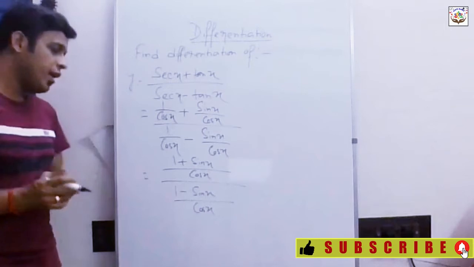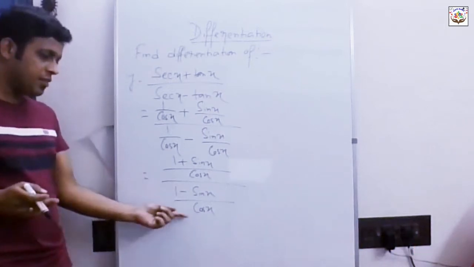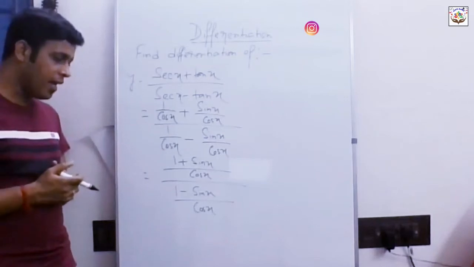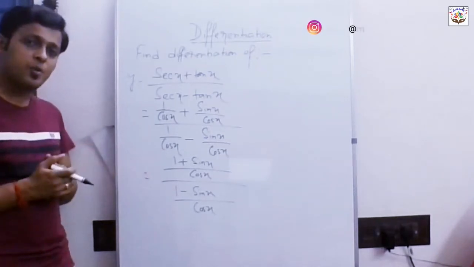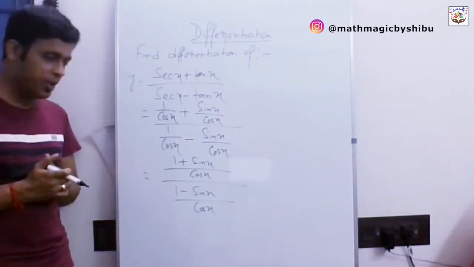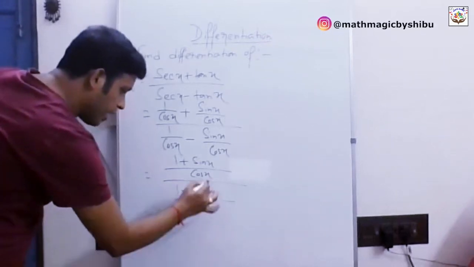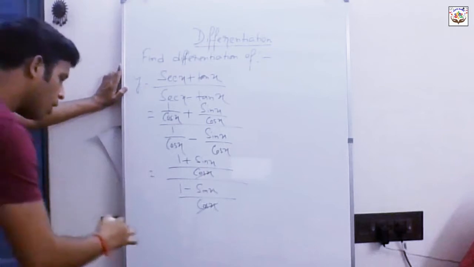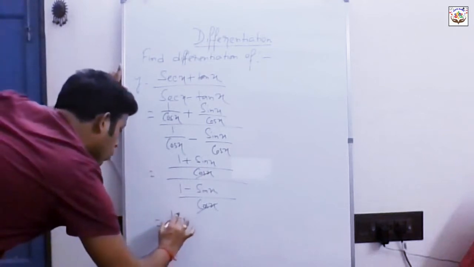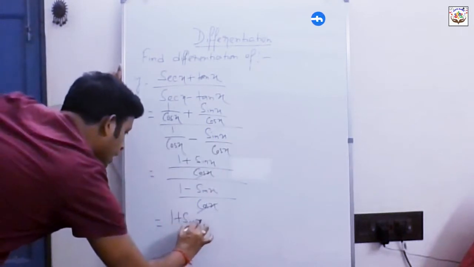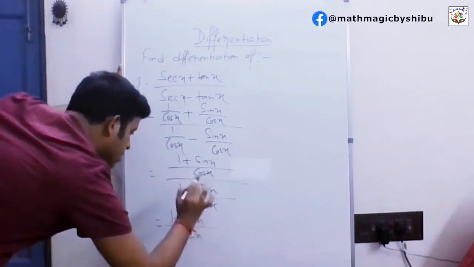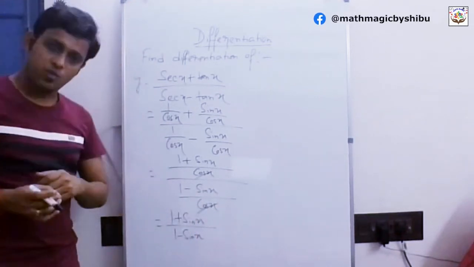If you remember, this problem looks similar to the previous one which I have just solved. Why? Because if we cancel out the cos x from both the denominators, we get 1 plus sin x divided by 1 minus sin x, just the same as the previous one.